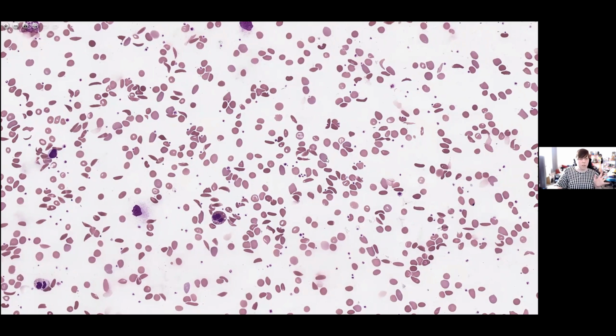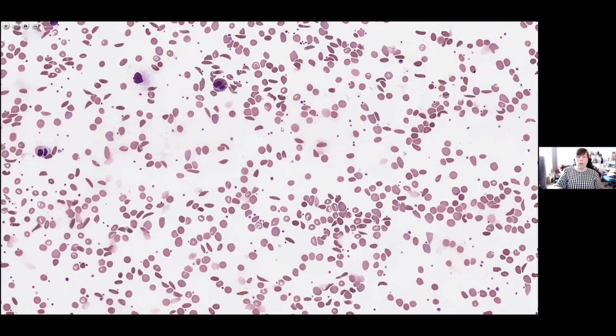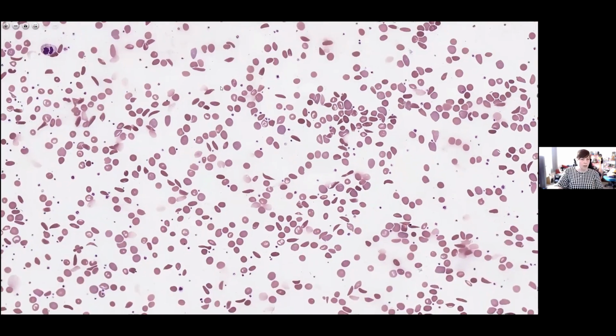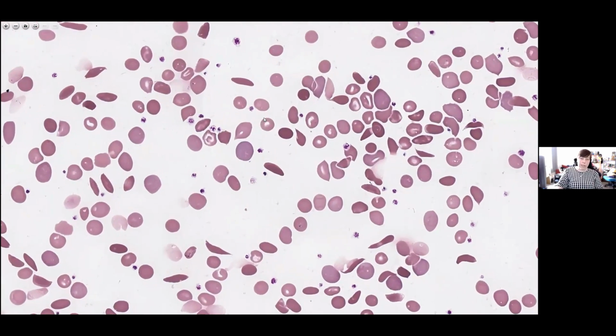All of the cells that have that very bluish tint to them are polychromatic cells, which are newer, younger cells that the bone marrow has pushed out in response to low oxygen concentration. So the body is attempting to compensate for low oxygen, low hemoglobin, and it's pushing out a lot of younger cells.